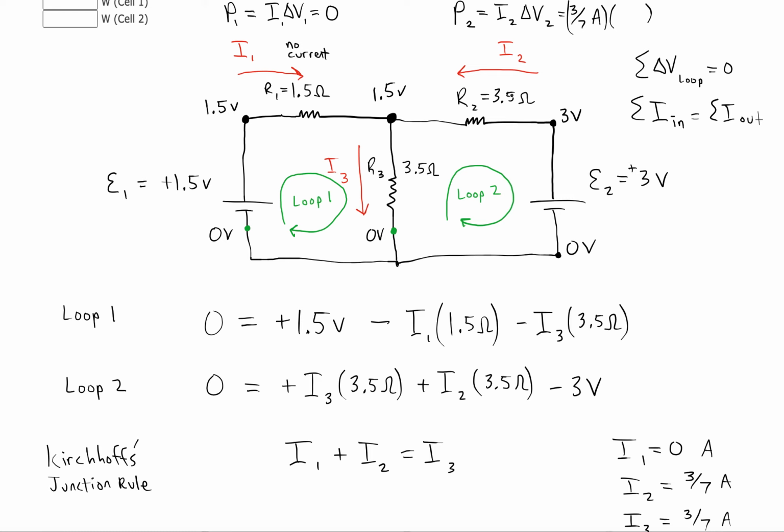And that checks with Ohm's law. If you do the current I2 times R2, you get a drop of 1.5 volts in that resistor. So that's what we need here.